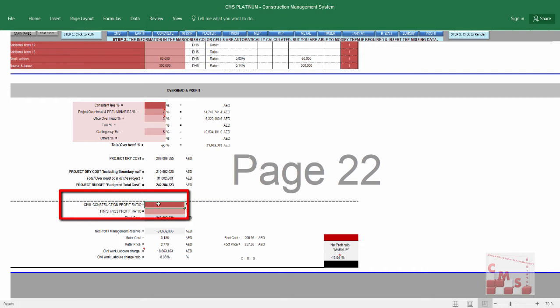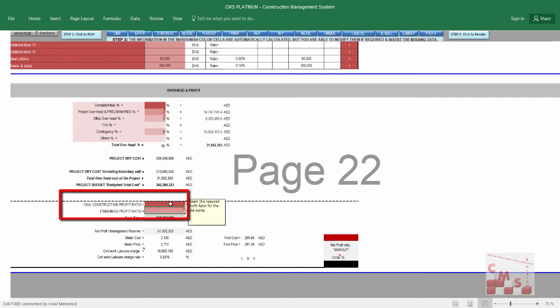If you like to keep the same ratio, you can keep both equal, according to your discretion and your company policy. If they are taking the same profit for the work done in-house and the work done by subcontractors, they can put the same ratio. If they are taking more profit ratio in the work done in-house than the work done by subcontractors, you can add here more than here.